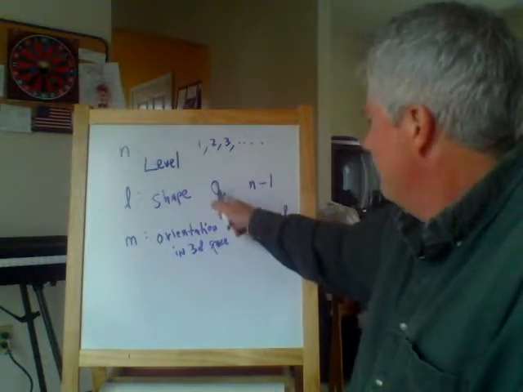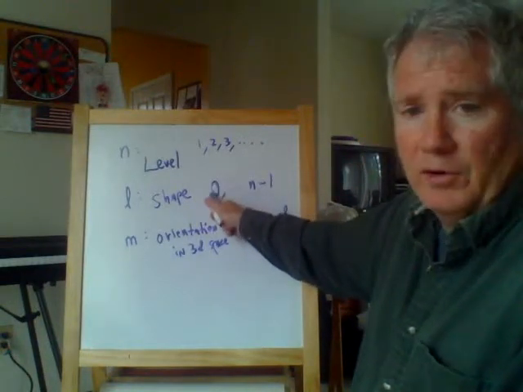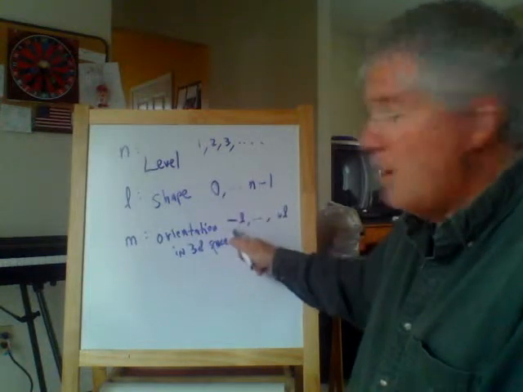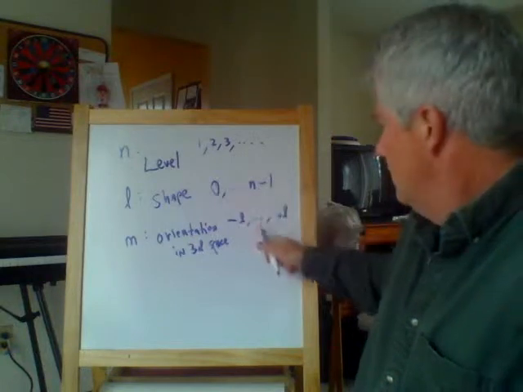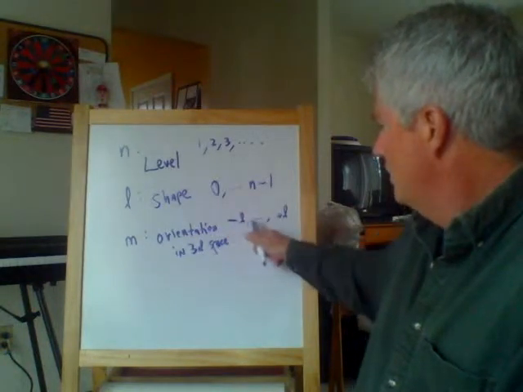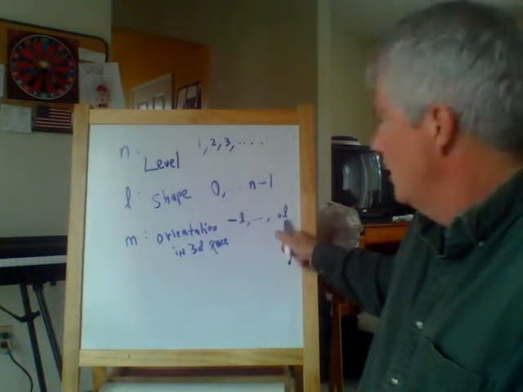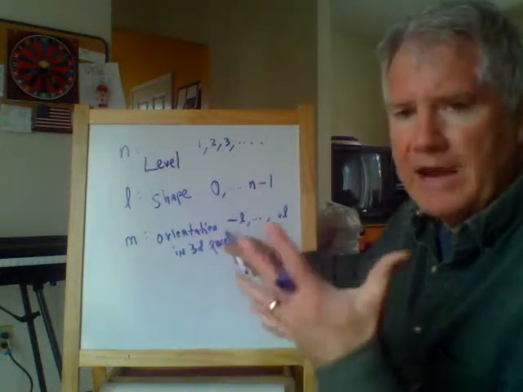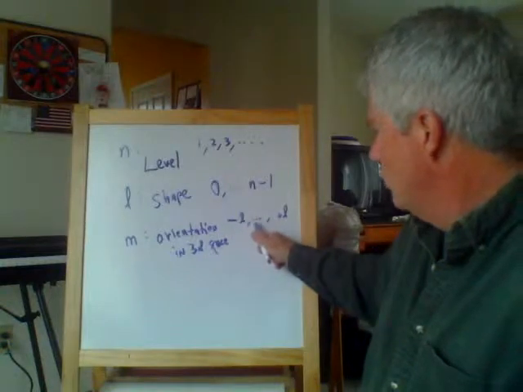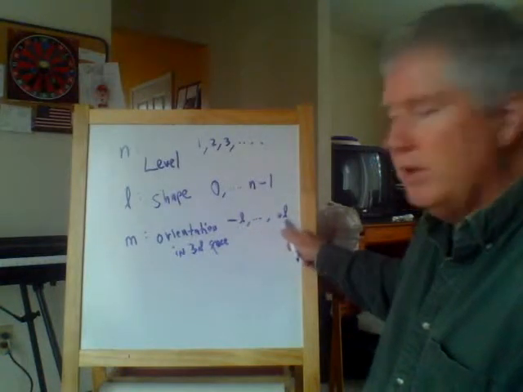Meaning if L is 0, then m must be 0. If L is 1, then m can be -1, 0, or +1. If L is 2, then m could take on 5 values: -2, -1, 0, +1, and +2.